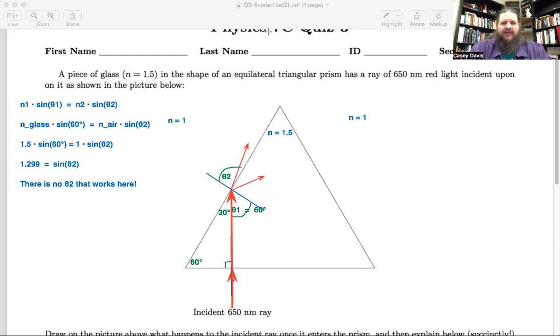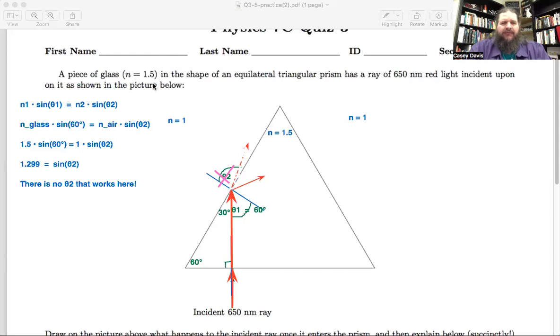What does that mean conceptually? What does that tell you about the physical situation if theta 2 is impossible? It's got all reflected. Yeah, all the light gets reflected. There is no refracted beam at all.